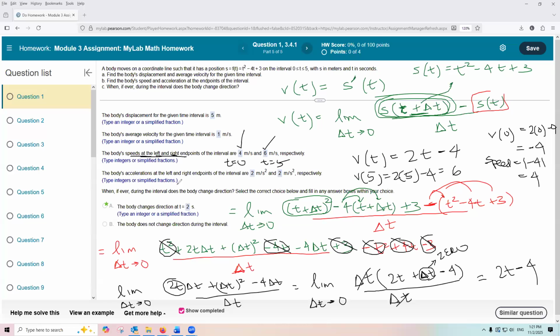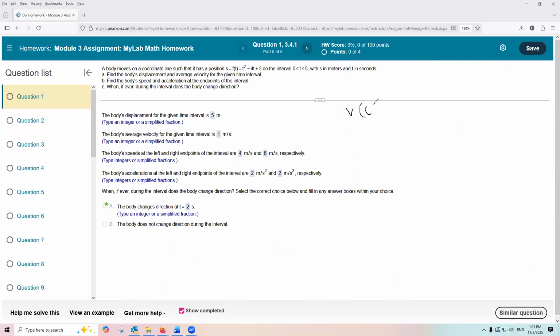All right, how about the acceleration? Well, it turns out, let me write down that v of t is 2t minus 4. It turns out acceleration is the derivative of velocity.